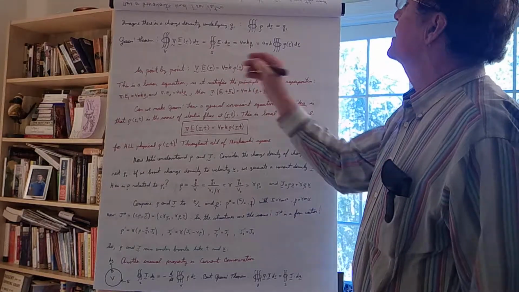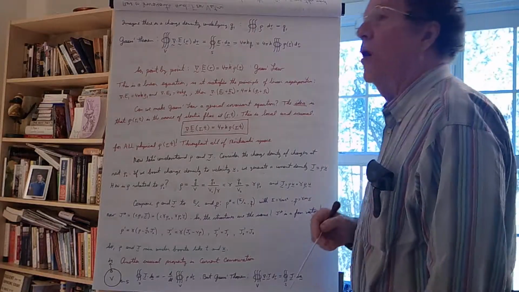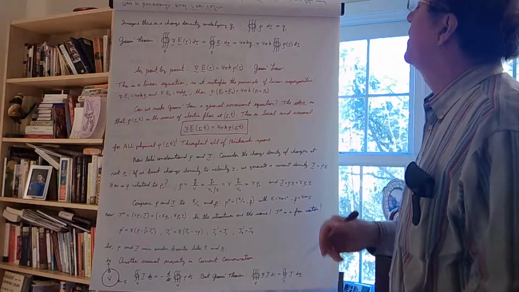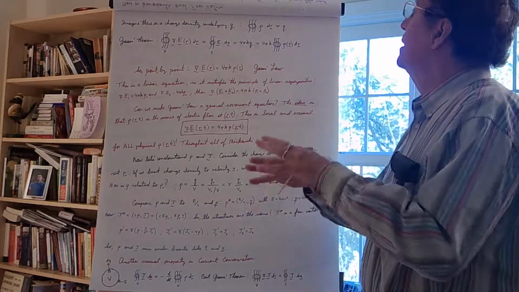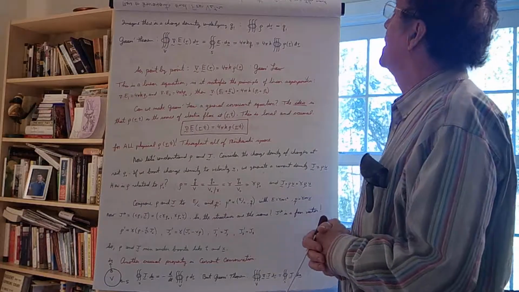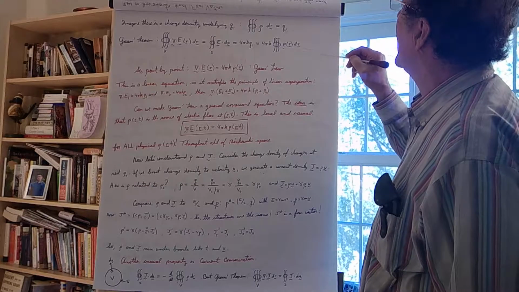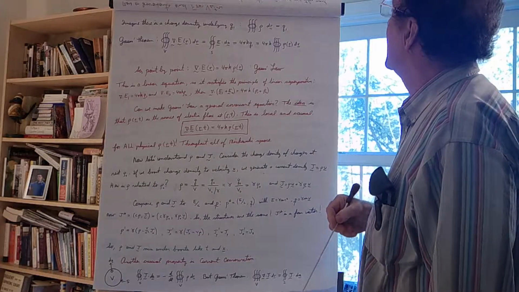In any case, Q1 might be the total charge of a distributed charge, so you might have a function rho of r, which tells you the charge per unit volume in that distribution. So I can write Q1 as the integral of the charge density rho.